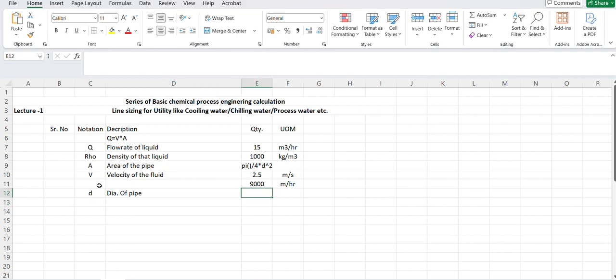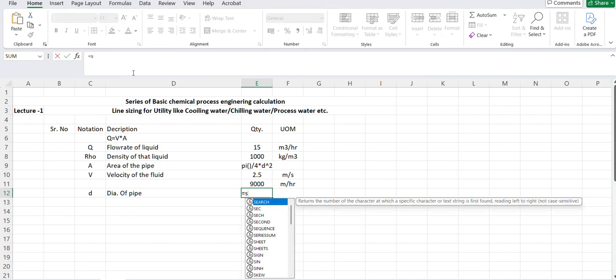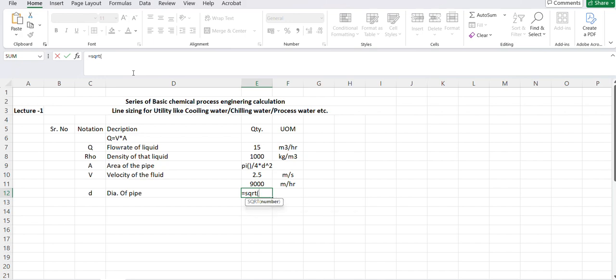To calculate diameter, D is equal to square root of flow rate divided by area of pipe.